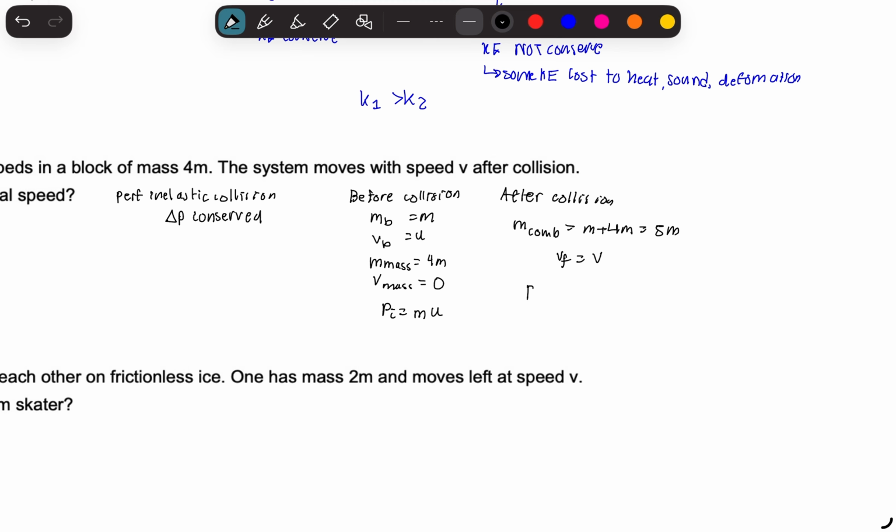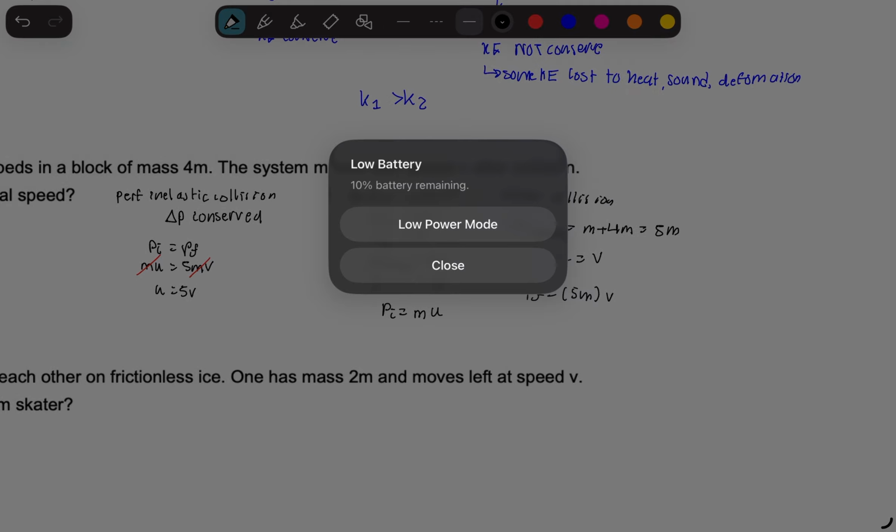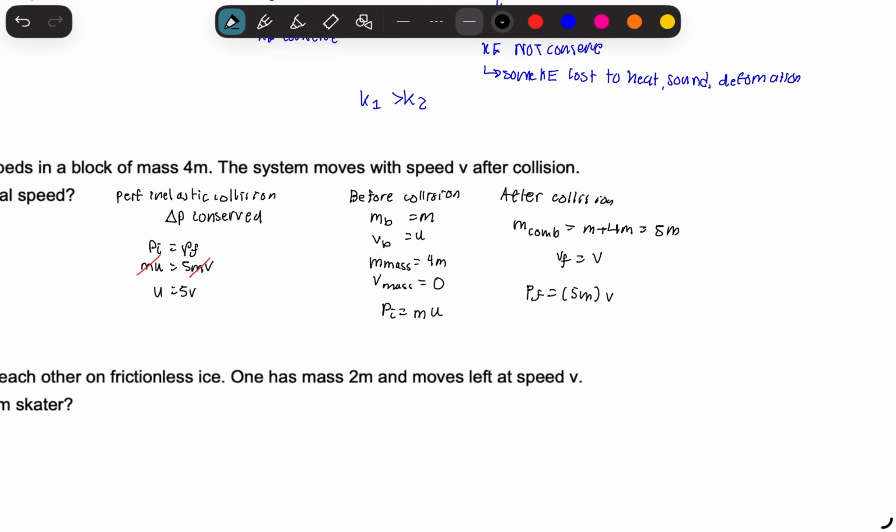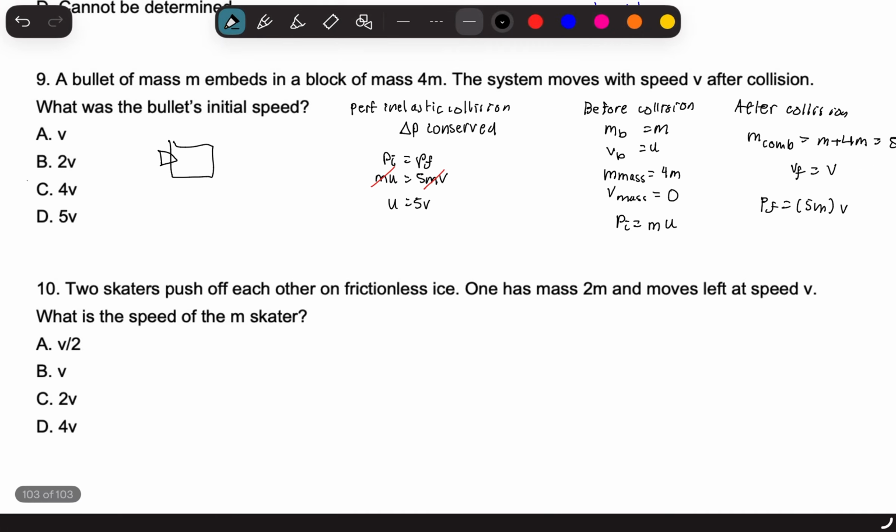So your final is equal to 5m times v. If you set them equal to each other, you get mu is equal to 5mv. You can quickly cancel out that m. You're going to get u is equal to 5v. So that's going to be D.